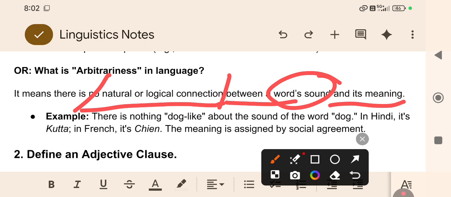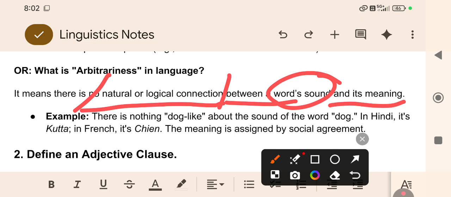So, the concept and the word. There is no relation between the word and the concept. Why should I say fan? I could have said rubber, but no. We named this device fan.